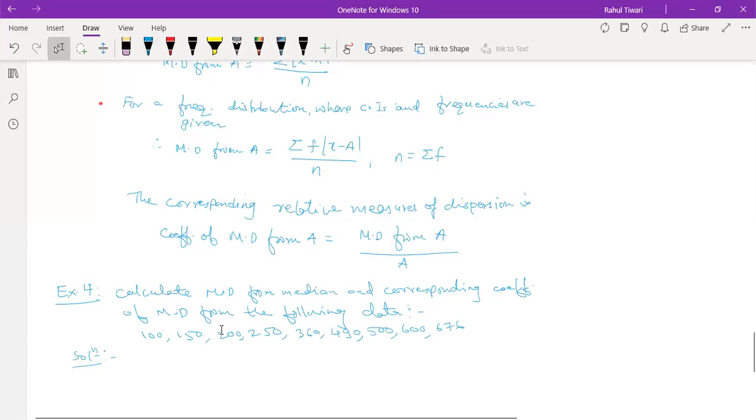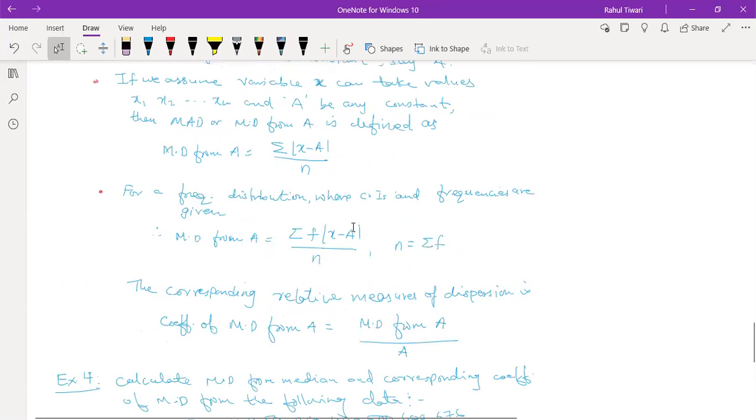So what you have to do here is calculate MD from median. But can I give the formula for MD from the median? No, because this A can be anything. It can be the mean, the median, any value, or the mode. Getting my point?